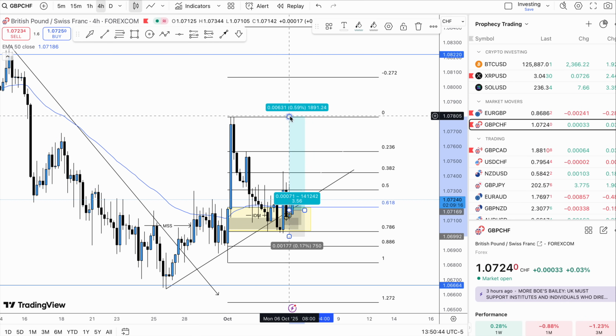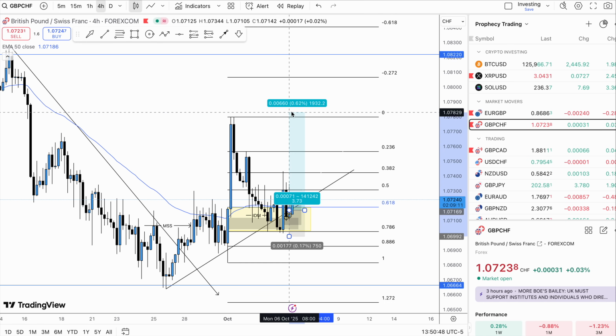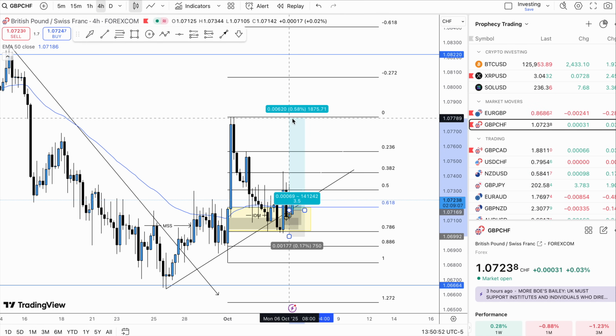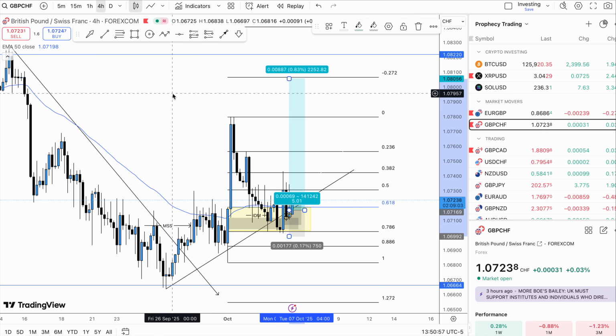If it doesn't, I'll probably target this. If it's already somewhere around here by the time New York session starts, I'll probably take this all the way up to the minus 27, giving that 1 to 5. If not, 1 to 3.5. But those are my 2 trades.